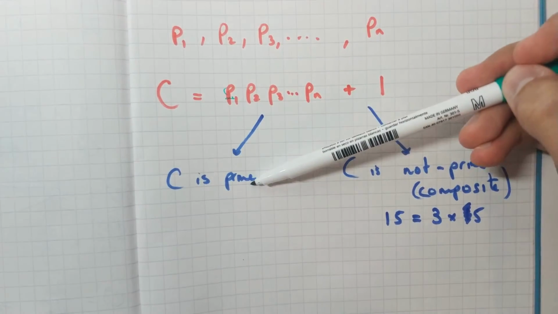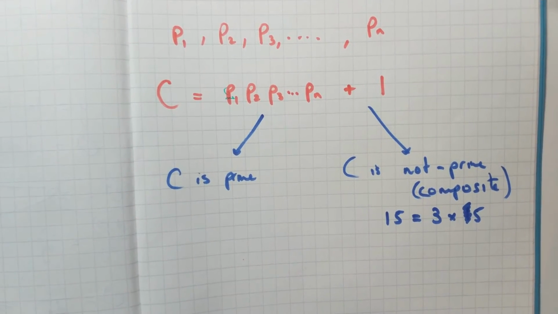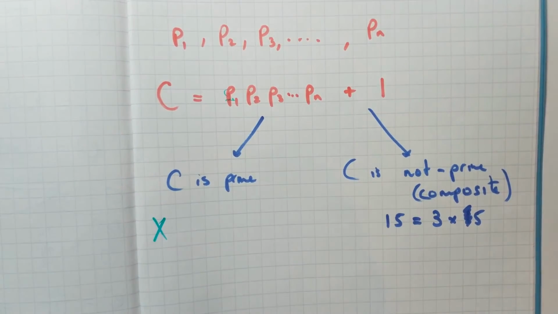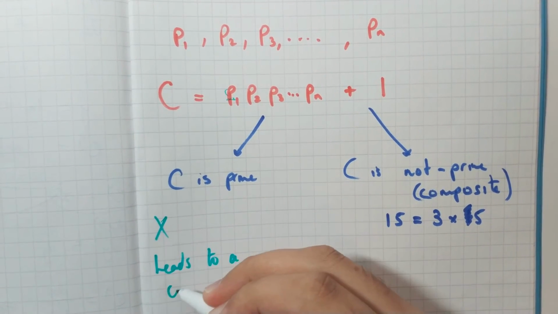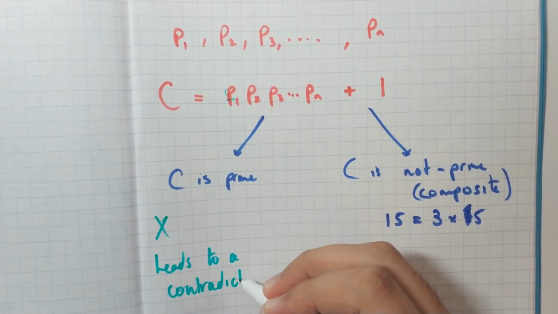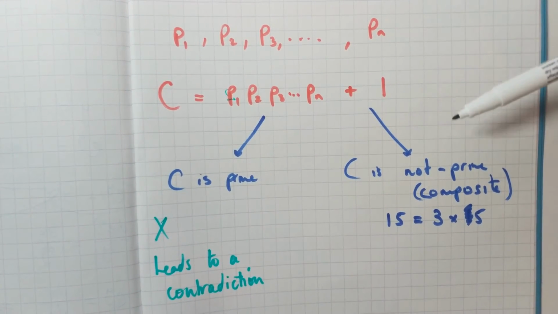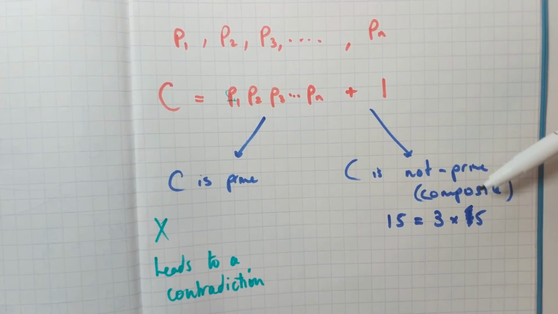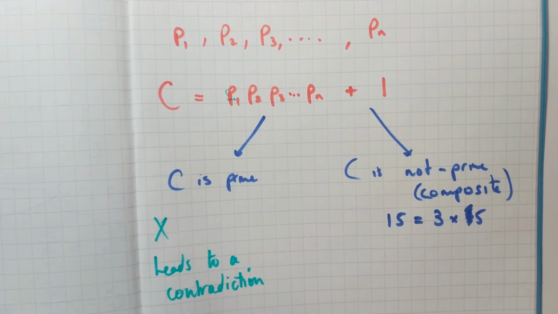So if C is a prime, it's bigger than all of the original ones. That leads to a contradiction. Now we're going to look at the other case, and hopefully we can use some logic to prove that this would also be incorrect. If that's the case, then we've proven that there are an infinite number of primes.